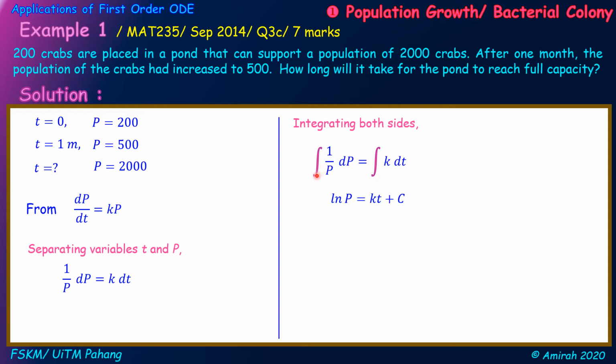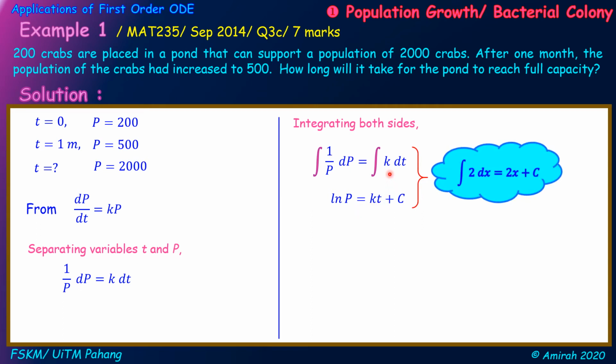When we integrate 1 over p dp, it equals ln p plus c, but we just put plus c at one side only. We use the formula integration of 1 over x dx equals ln x plus c, so integrating 1 over p dp becomes ln p plus c.